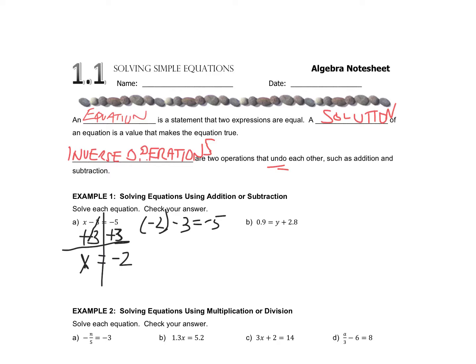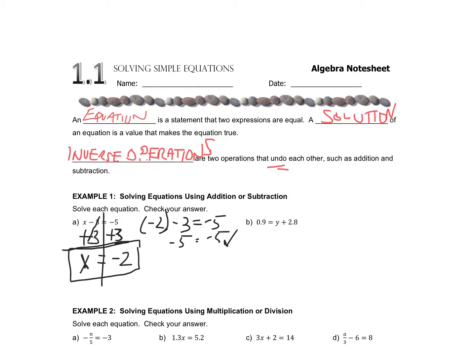Negative 2 minus 3, does that equal negative 5? And it does. So I know I have the right answer here. x equals negative 2 is the solution. Okay, so by doing a check, I'm just plugging it in. I can walk away from this problem knowing I have absolutely the right answer.